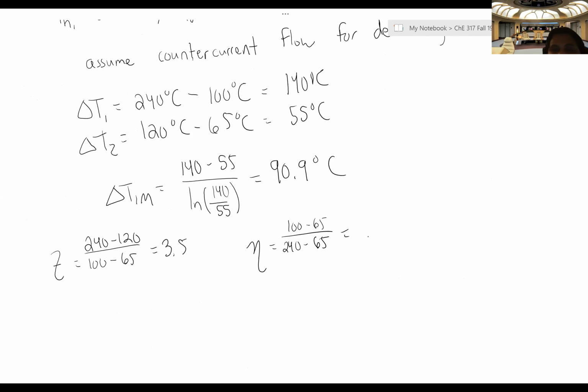Point 2. So taking a look at this one, if I have a Z of 3.5 and an eta of 0.2, I say, okay, 3.5, eta is 0.2, I get an F value of approximately probably around 0.9. So this is my eta, 0.2.